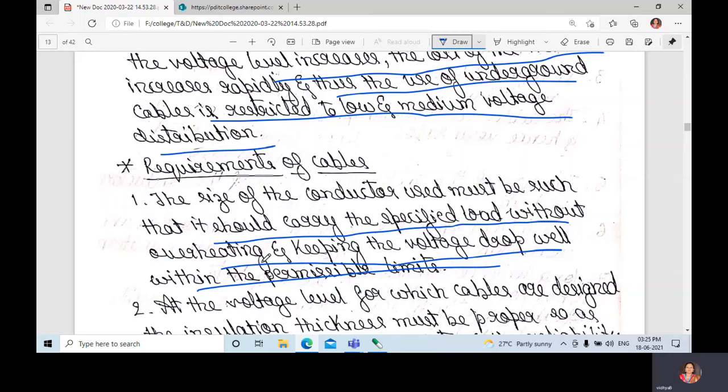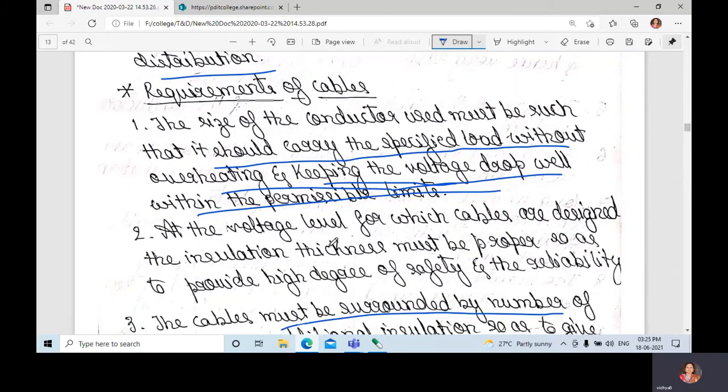For example, for a 10 kilovolt line, if there are any changes in voltage level, it should carry the load and not get overheated. Due to temperature or weather conditions it should not overheat, keeping the voltage drop well within the permissible limits.